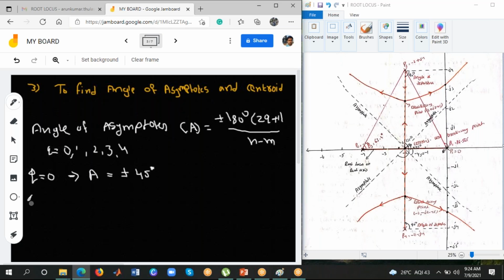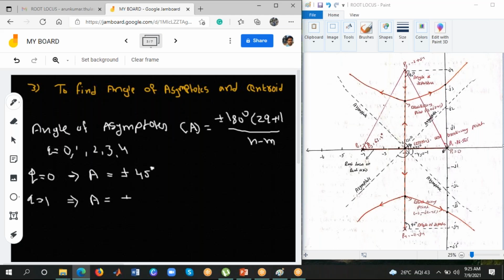Next, when q is equal to 1, what is the value of A? 135, right?